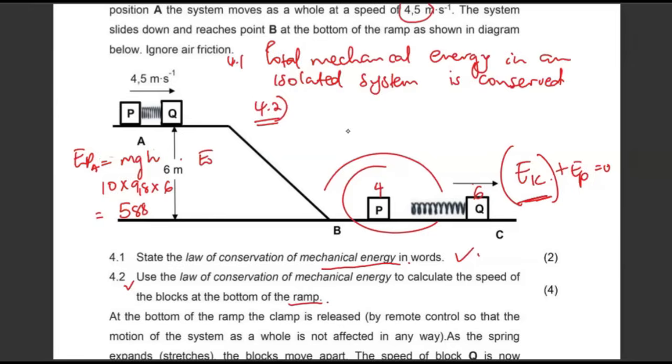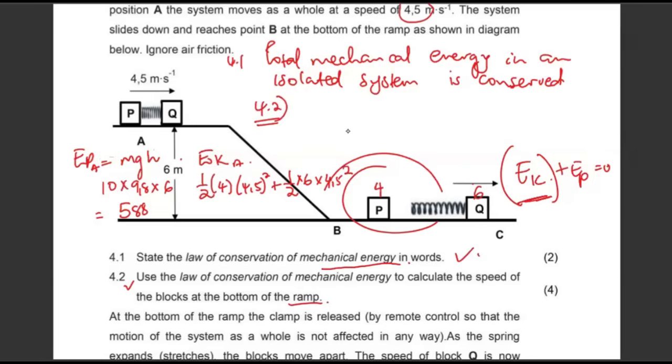Then let's look at the EK at A. That's going to be a half. I can look at the two masses together because the velocity is the same. So a half of 4 multiplied by 4,5 squared, plus a half of 6 multiplied by 4,5 squared, which is the same as adding the two.